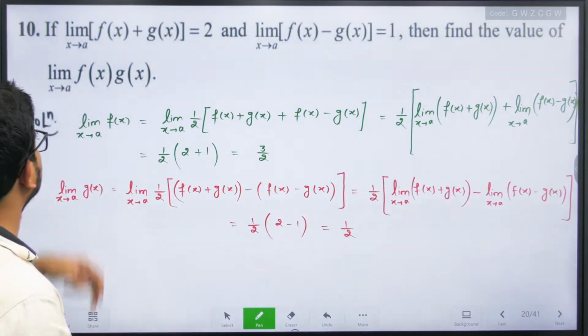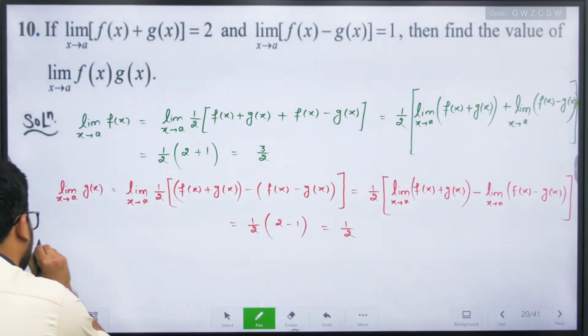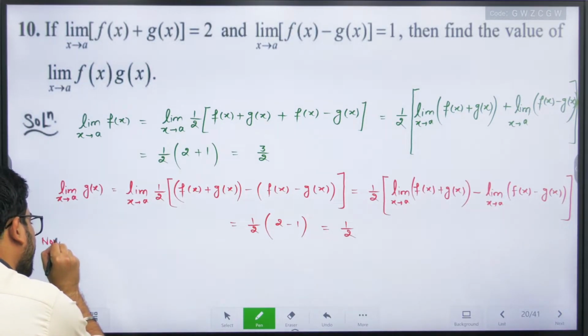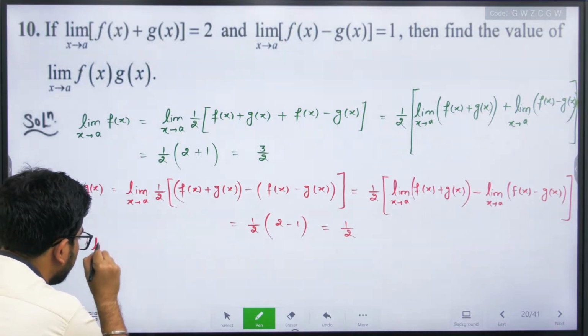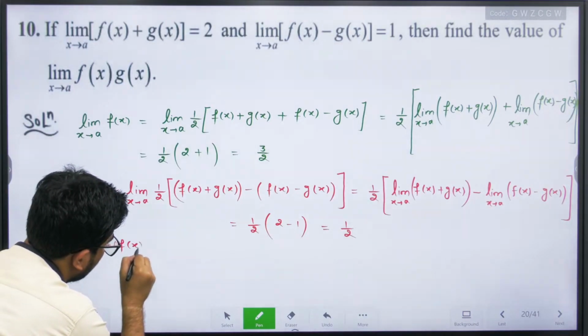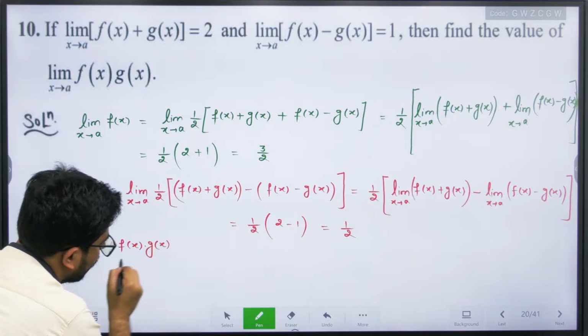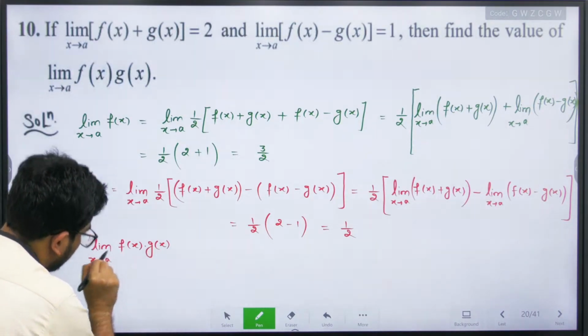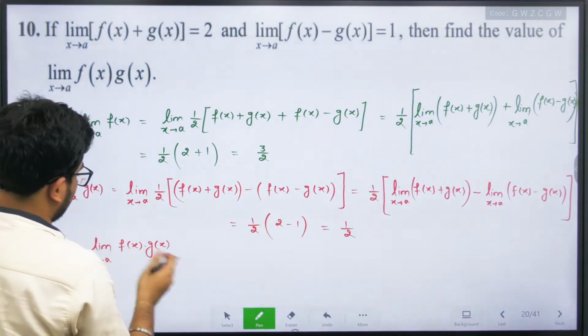Now you have to find the value of limit f(x) into g(x) whenever x tends to a.